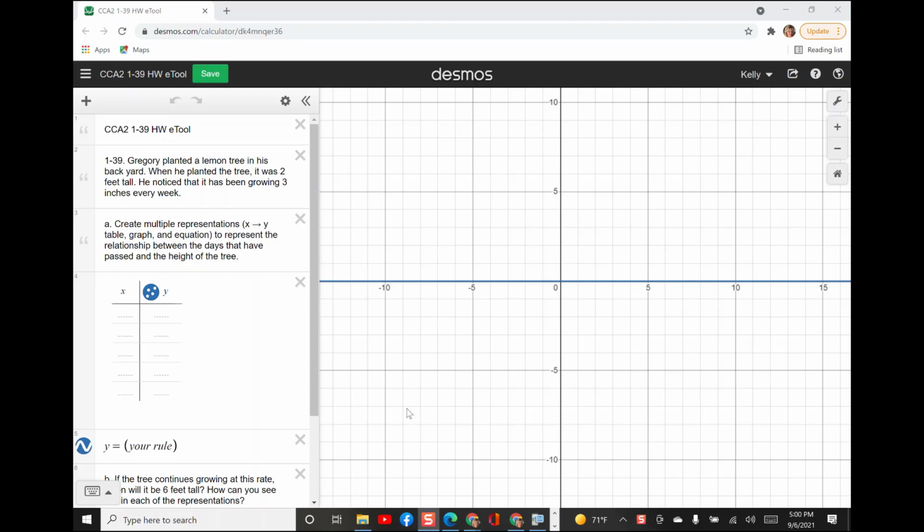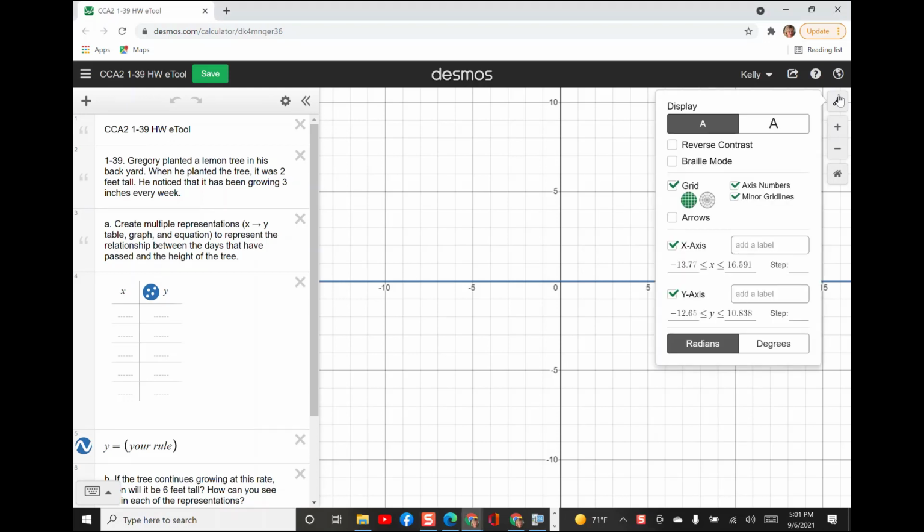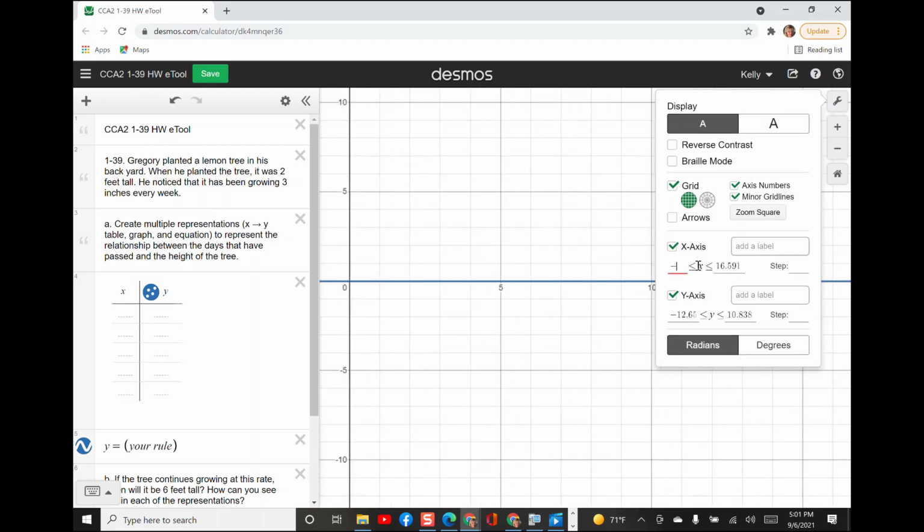So what I'm going to do, I like to work with graphs that help me, and that means I set some parameters at the beginning, I set my scale, I label it, all of those things so that it's easier to see my solutions. So what I'm going to do first is start by changing, because we don't really need the negative parts of the axis. So we don't need quadrant 2 and quadrant 4.